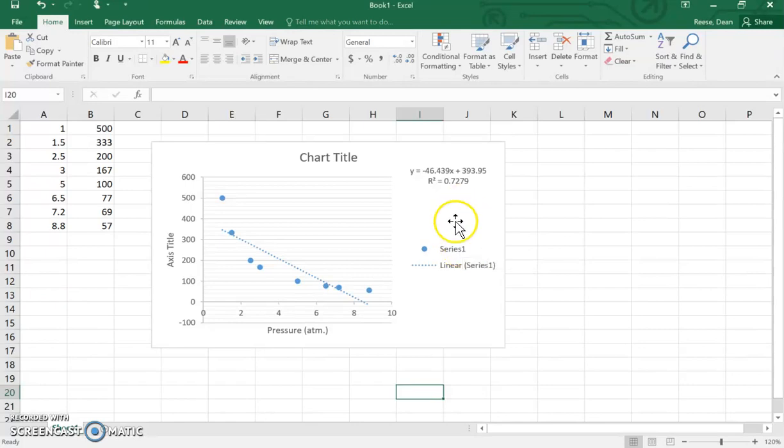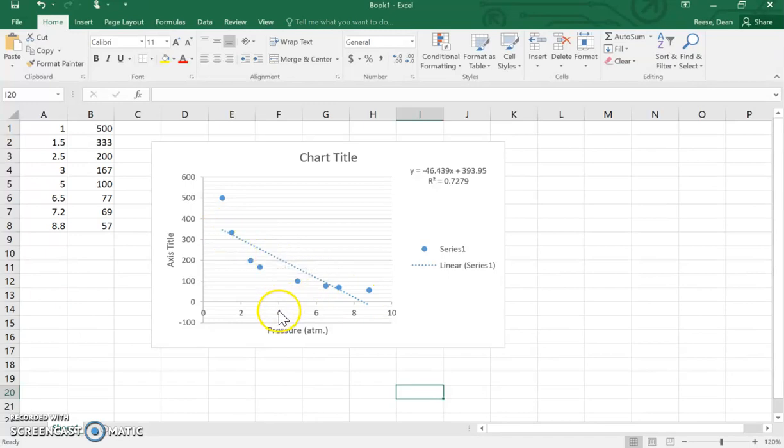So you can use this math to find out what the volume would be for any coordinate in this graph. But the problem is, this equation goes with this line.